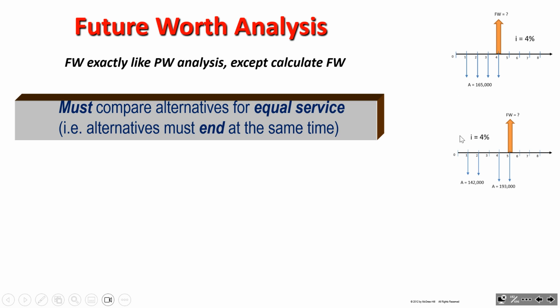So it wouldn't be okay to compare these 2 directly. We'd either have to apply LCM or contract services or early termination to compare these two alternatives, because you can see the first option lasts for 4 years and the second lasts for 5. So we have to make sure that the alternatives end at the same time.